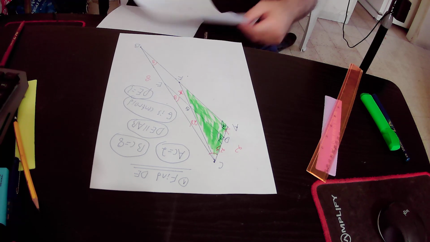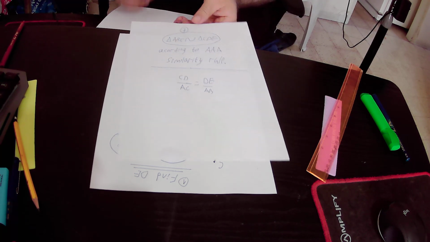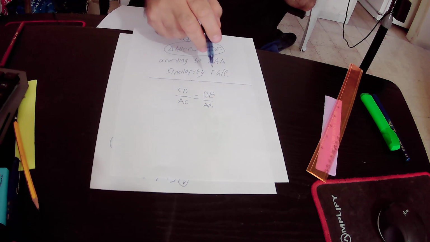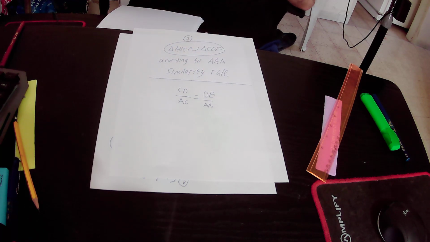I will repeat again, from the fact that triangle ABC is similar to triangle CDE, we can conclude that CD over AC will be equal to DE over AB. Okay?